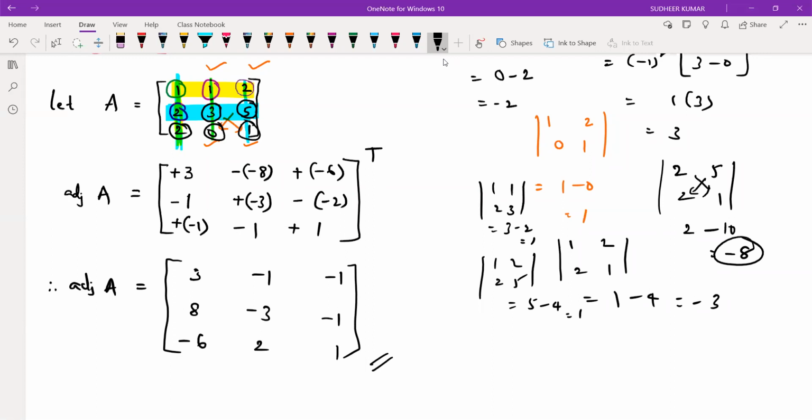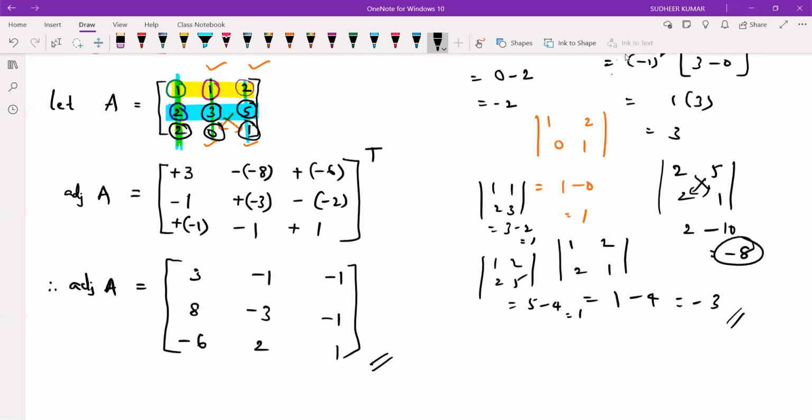So within 3 steps, by doing this small rough work, you can get the adjoint of A. Right? Yes, sir. What about the rest? Only 2 members are responding. Sir, if it is a 4 mark question, these 3 steps are enough. Wow.